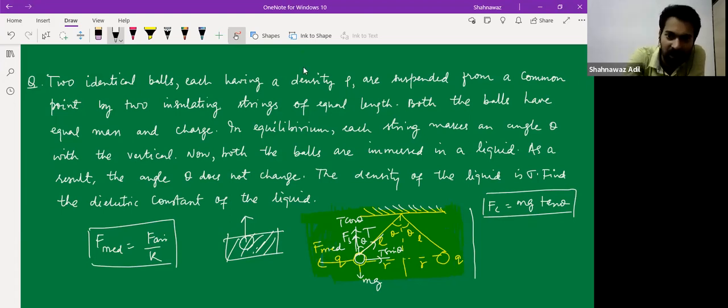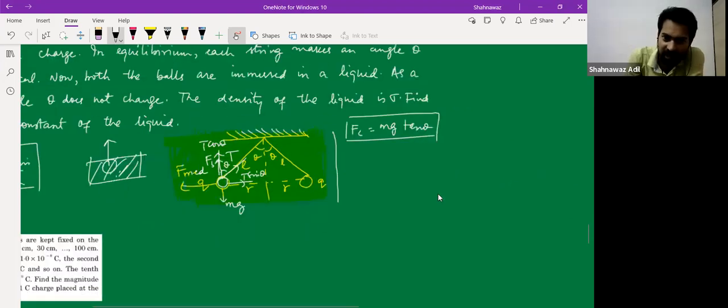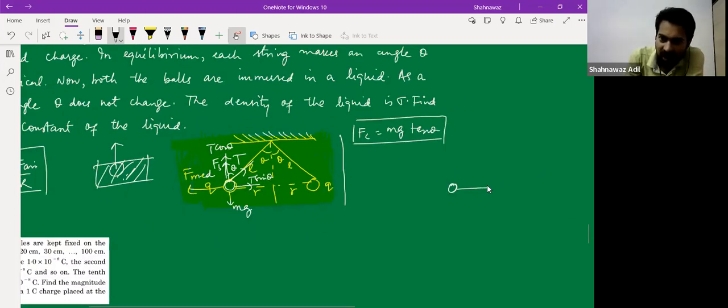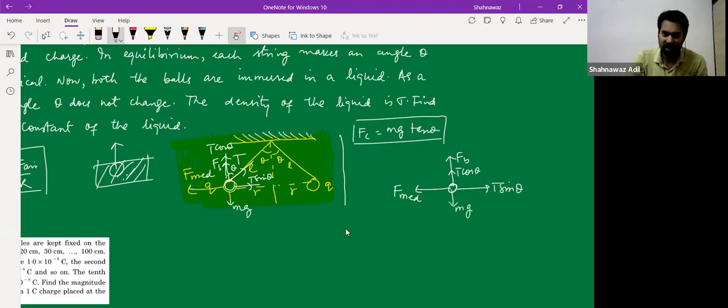So the new diagram would be what? We have this T sine theta, this F medium, this F buoyancy, and then T cos theta, and then we have this mg. So F medium is T sine theta.